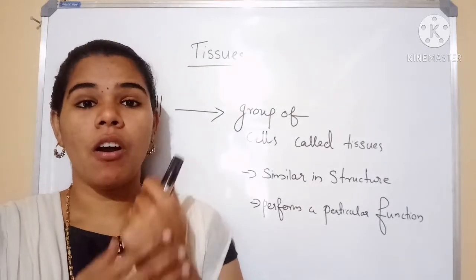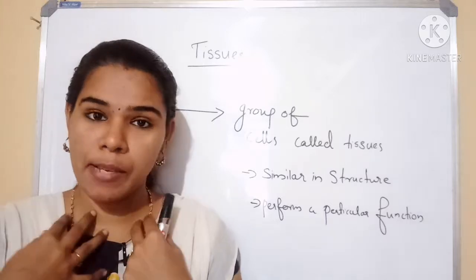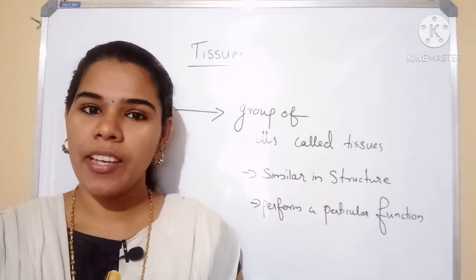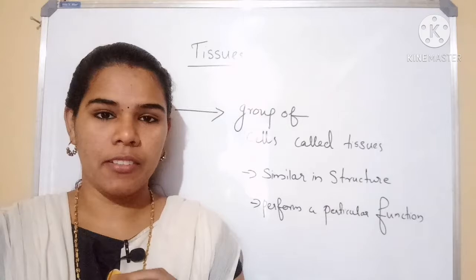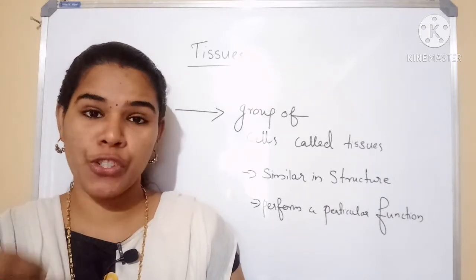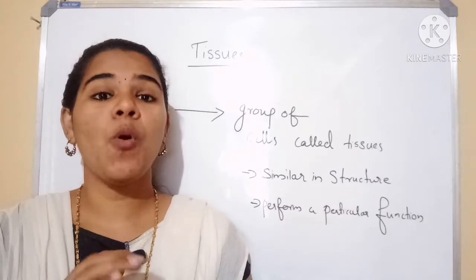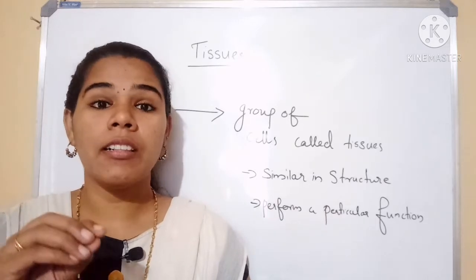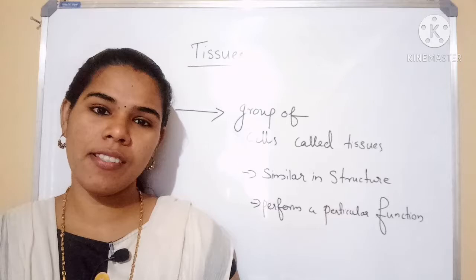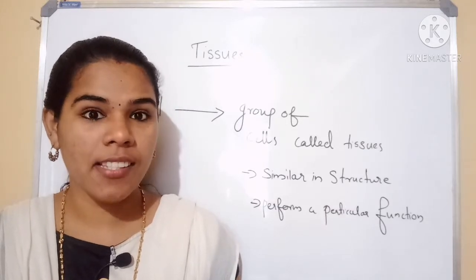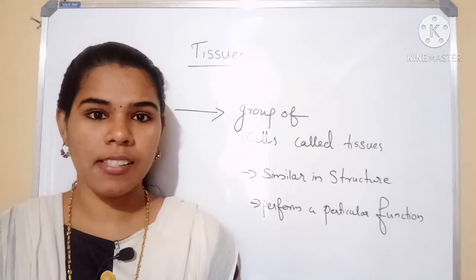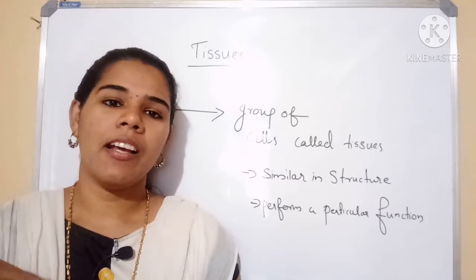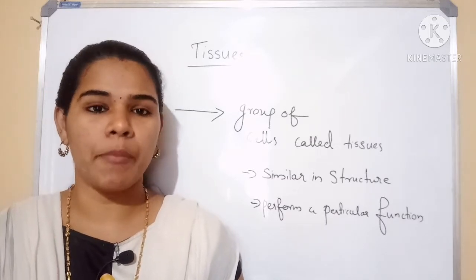You may think that in our body all the tissues are the same in structure and function. Is it correct? No. Why? For example, we can take lung tissue and heart tissue. Both are different in structure and function. The main function of the lungs is breathing, to absorb oxygen and release carbon dioxide.